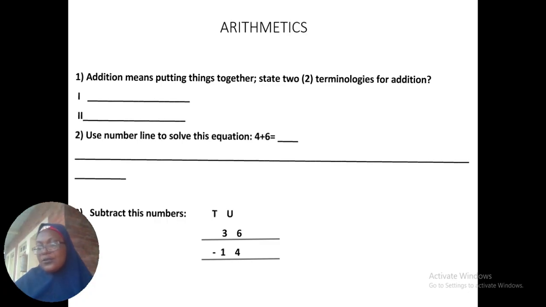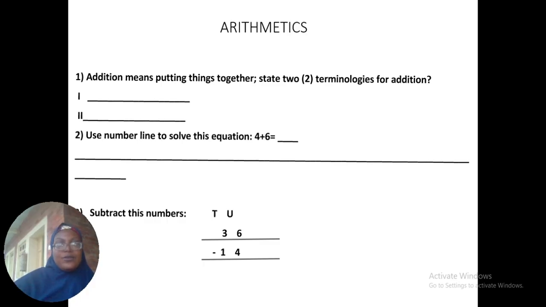So we also did addition using number lines. Number lines simply mean using a straight line. It's a straight line that shows numbers from 0 to 10 in order. And we can also use it for subtraction or addition. If you're adding, you move forward.